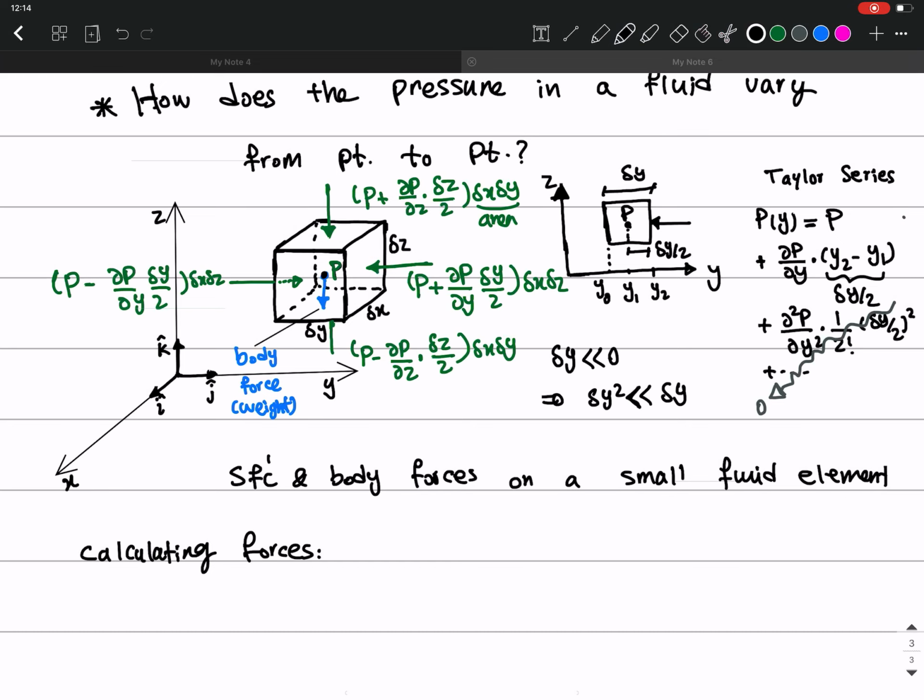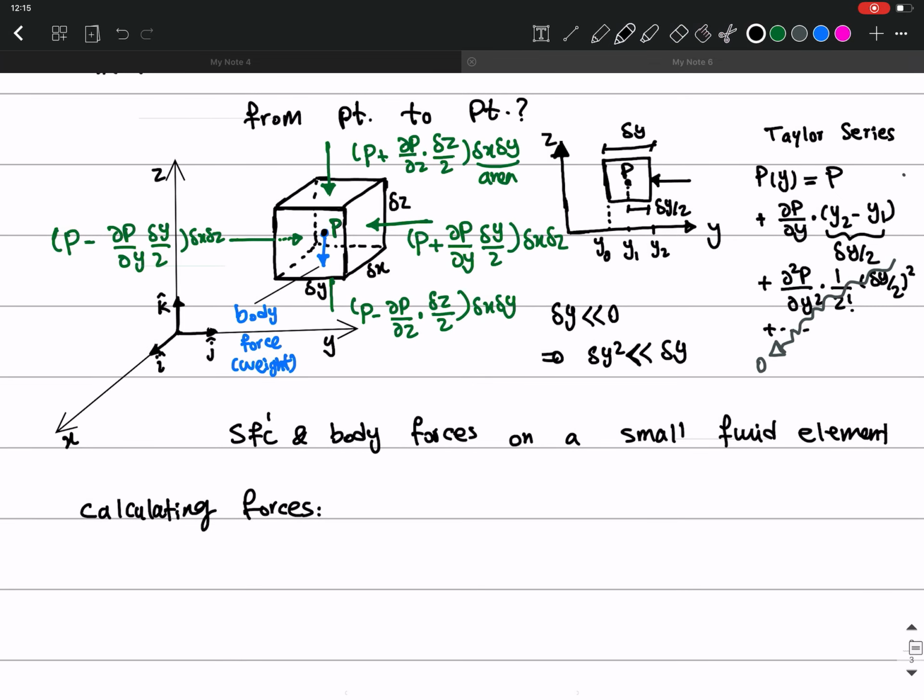So in the y direction, I have what? The sum of all the forces in the y direction is going to be what? We have this force, which is on the positive side, minus this force on the negative side, right?